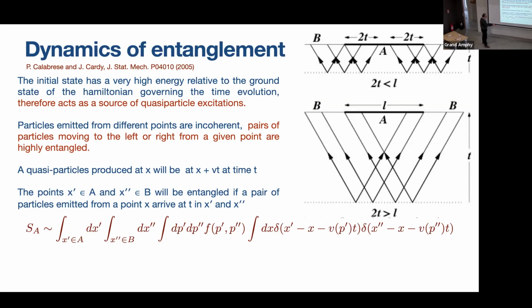You can take velocity constant. It does not really matter for this argument. They just move in such a way that after a time t, X prime is in region A and X second is in region B.